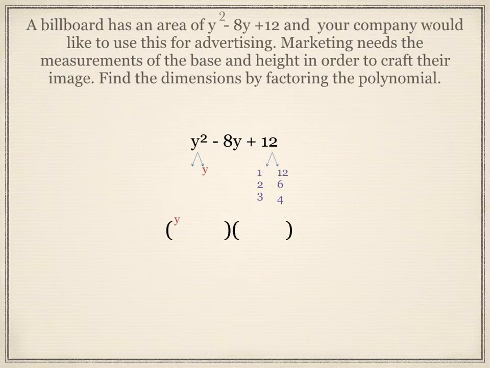So therefore, that is our answer and would be the dimensions that we found for our billboard. So that would be our answer, y minus 2 times y minus 6.